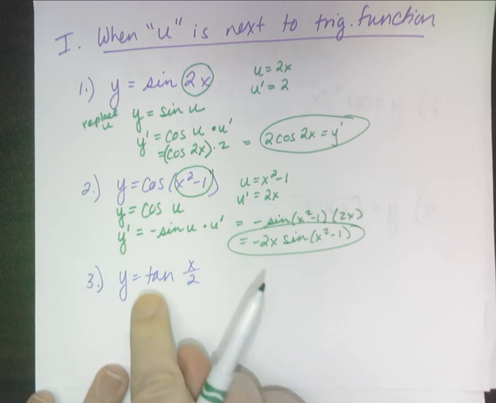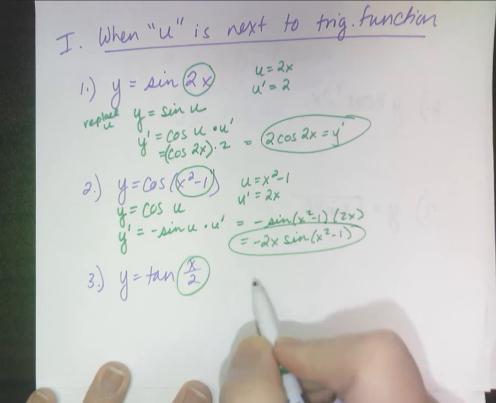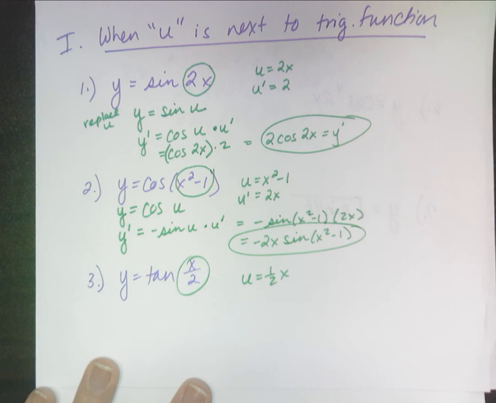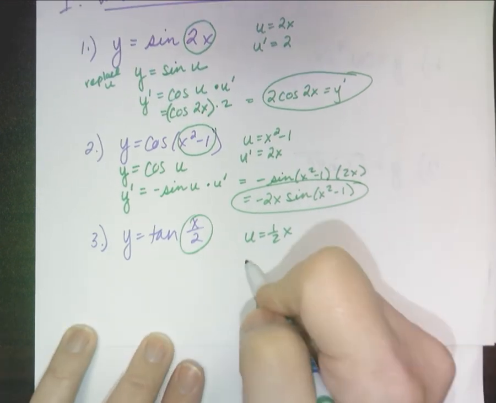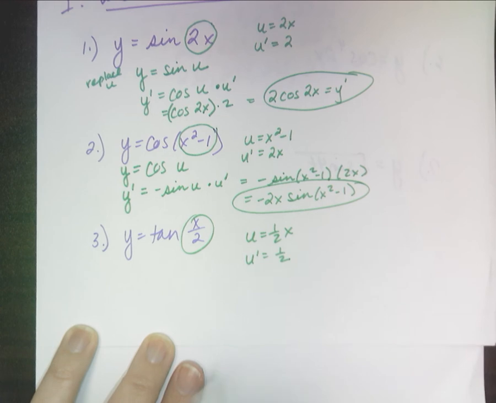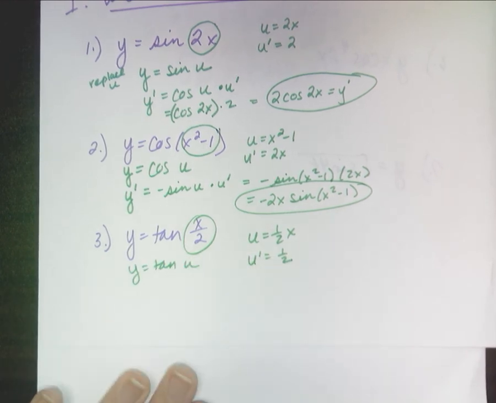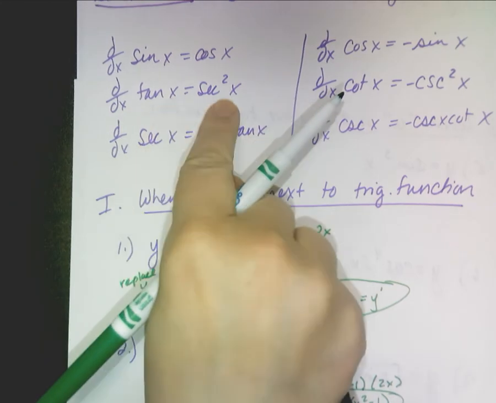All right, two more. y equals tan of x over 2. So my U is, I'm going to rewrite that as 1/2 x because I like it written with the coefficient in front. The derivative is 1/2. Rewrite this with my U, tan U. Go up here. What's the derivative of tan? Secant squared.